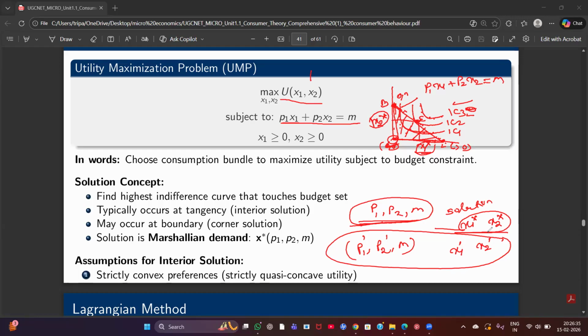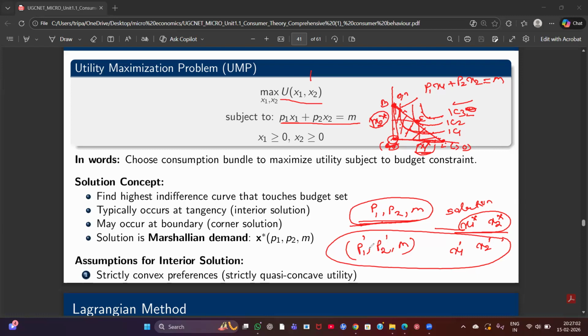Demand curve means given this set of prices and income, the consumer will consume this amount of commodity. That is demand. All the possible solutions of the utility maximization problem will automatically give me a demand function for different prices, different equilibrium, different solution, and that is the demand function. This type of demand function is known as the Marshallian demand function, and this is developed by Marshall, as the very name suggests.